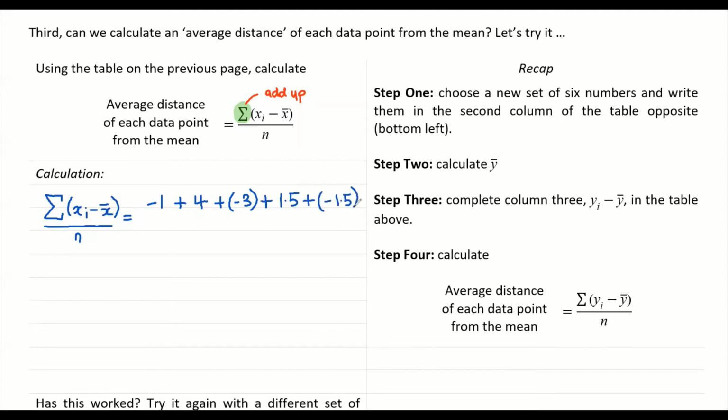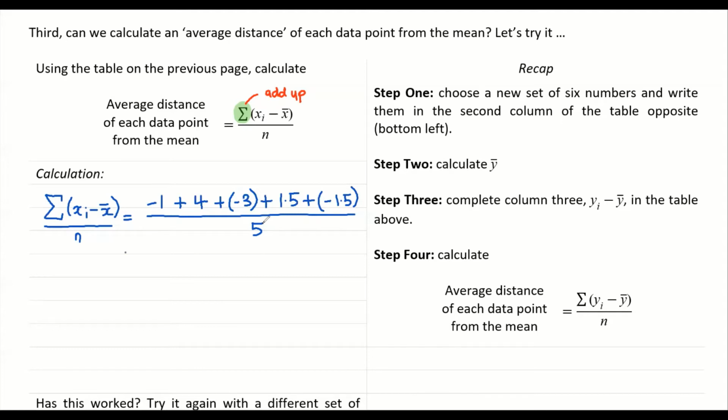And notice here, I've taken care when adding negative numbers to put brackets around them. And we have 5 data points. Let's calculate the average distance of each data point from the mean using this information.